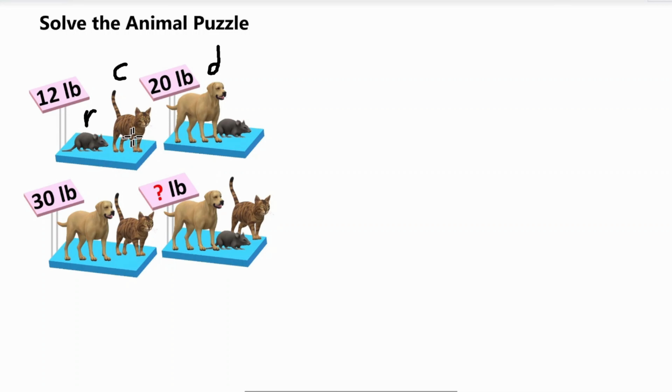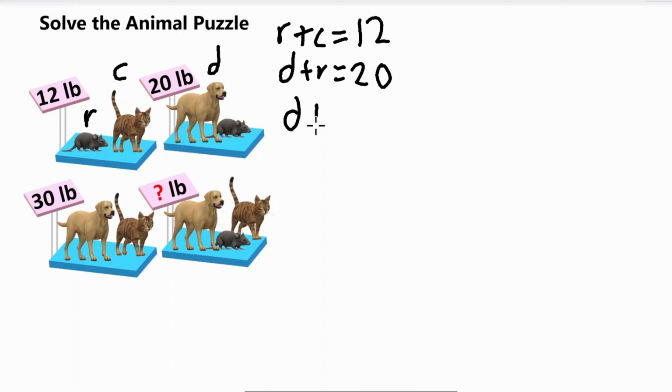Let's write each one as a separate equation. Okay, so that means rat plus cat is equal to 12, seen here. Dog plus rat is equal to 20. And dog plus cat is equal to 30.